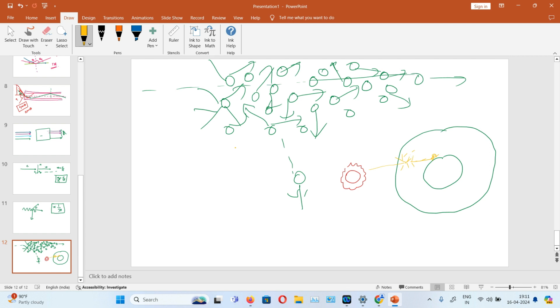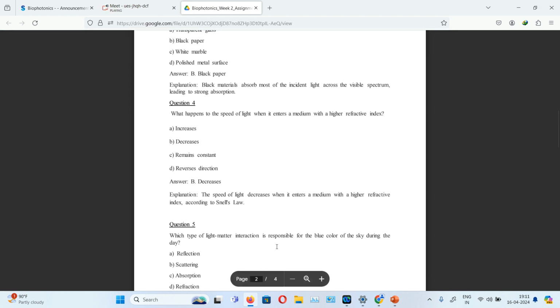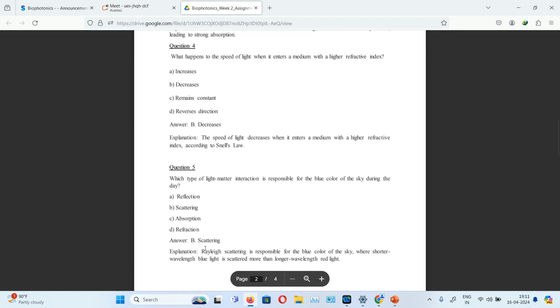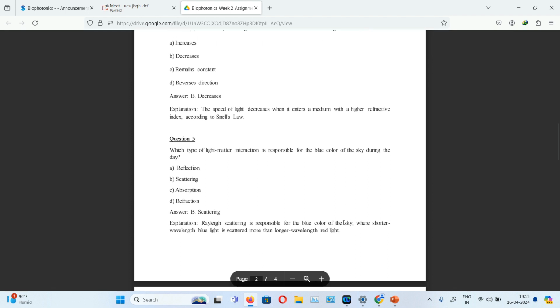Okay. So the light matter interaction, which is responsible for the sky during the day, is scattering. Rayleigh scattering is responsible for the blue color of the sky, where short wavelength blue is scattered more than long wavelength red light. Okay.